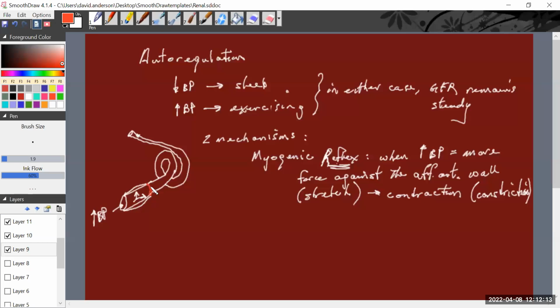The smooth muscle will constrict against the stretch, and that's going to regulate the flow past that point. And the same concept is true when the blood pressure drops. When the blood pressure drops, that same smooth muscle is going to relax to lower resistance, which will allow more flow to occur.